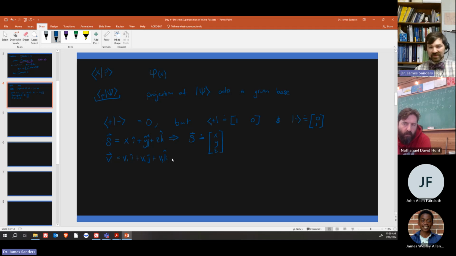But trying to put it into a form here that works out may or may not quite work out, because if this is how I represent a vector, then this is how I'd have to represent this other vector. And if I take these products, this times this, I'm not going to get something very useful. I have to somehow convert this over to a row vector in order to do it in matrix notation.